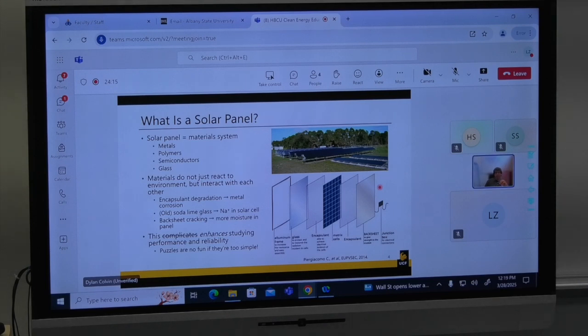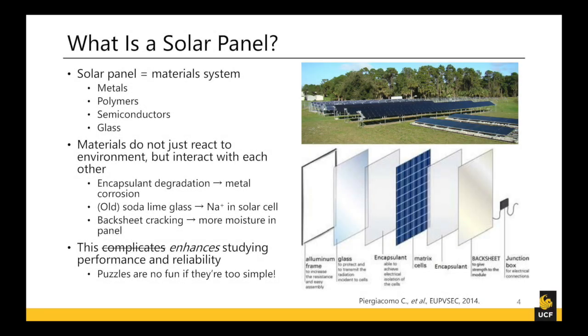So we look at every one of these materials in our research. We look a lot at the cells, but we also have to pay attention to every layer. So there's lots of fun to be had.